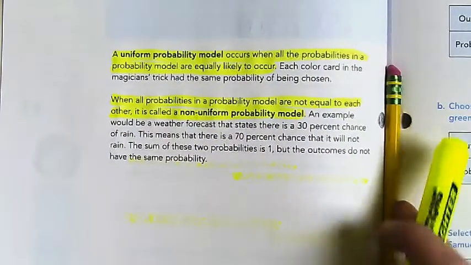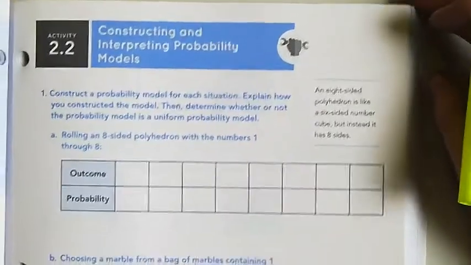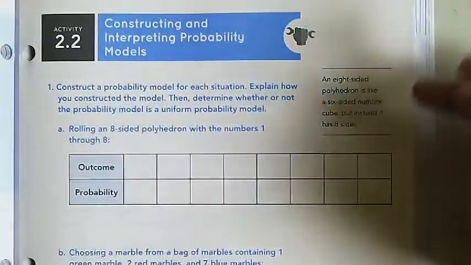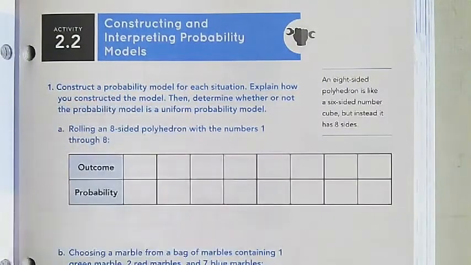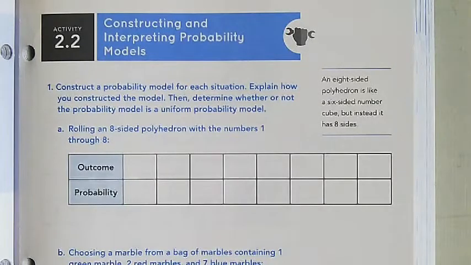So let's practice with those. In activity 2.2, constructing and interpreting probability models. We're going to construct a probability model for each situation, then determine whether or not the probability model is uniform or non-uniform. Rolling an 8-sided polyhedron with the numbers 1 through 8.